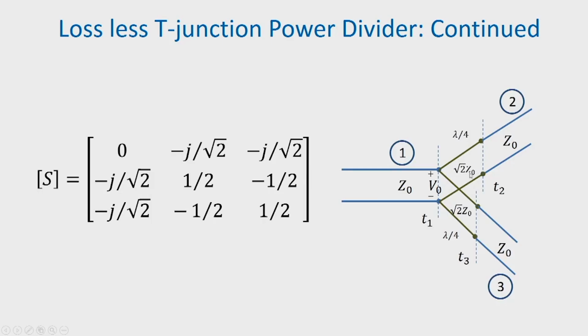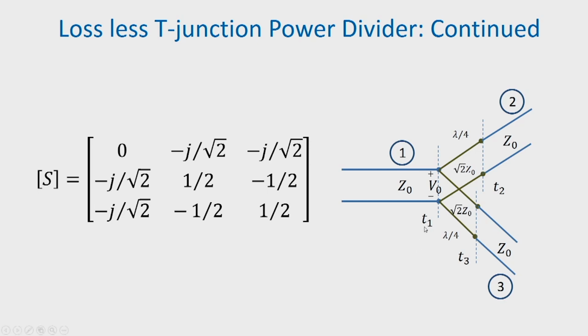So, this root 2 Z naught characteristic impedance of the lambda by 4 transformer, what will it do? It will transform this impedance Z naught here to 2 Z naught. Similarly, this lambda by 4 section with characteristic impedance root 2 Z naught will transform this Z naught of port 3 to 2 Z naught here at the terminal plane of port 1.